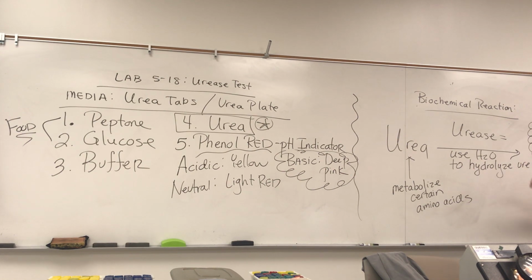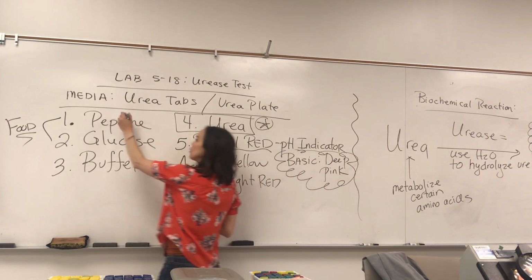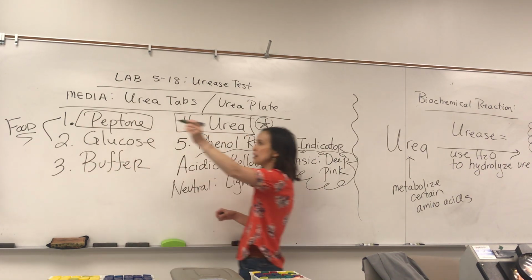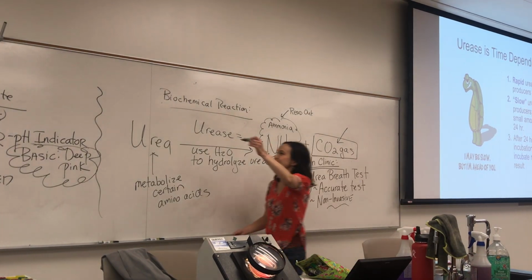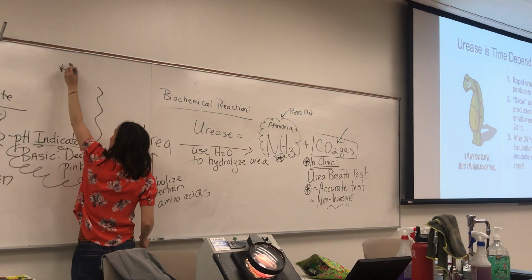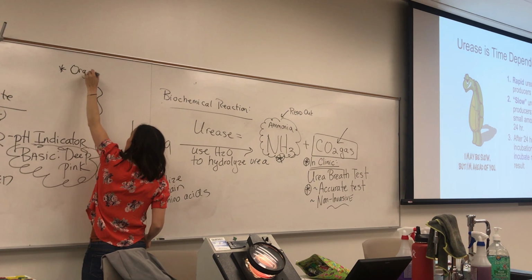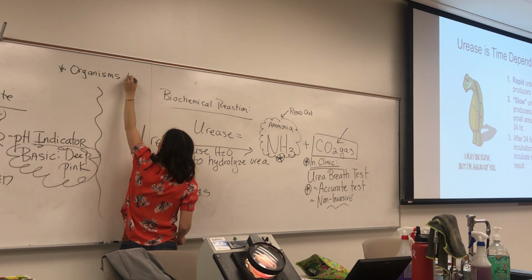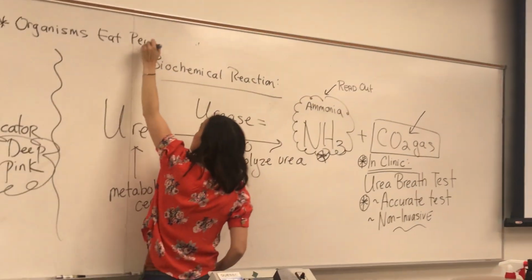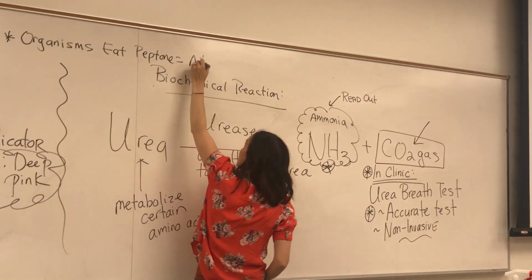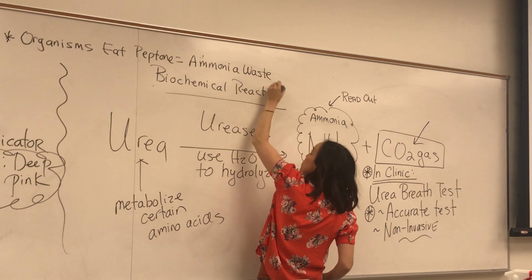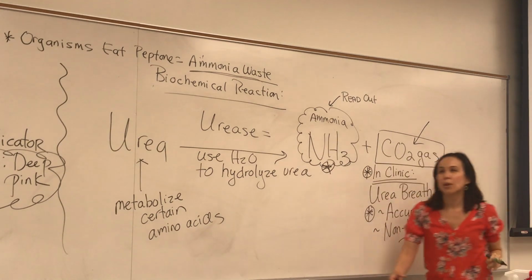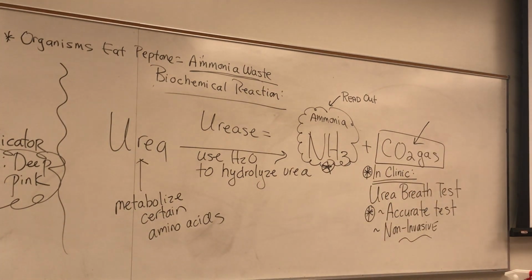And then the last thing is we have one little snafu because we do have peptone in there. And one thing we've been saying all semester long is that if your organisms eat peptone, a lot of times they'll make ammonia waste. So, in order to prevent any confusion, we just want to see the ammonia from the urease.